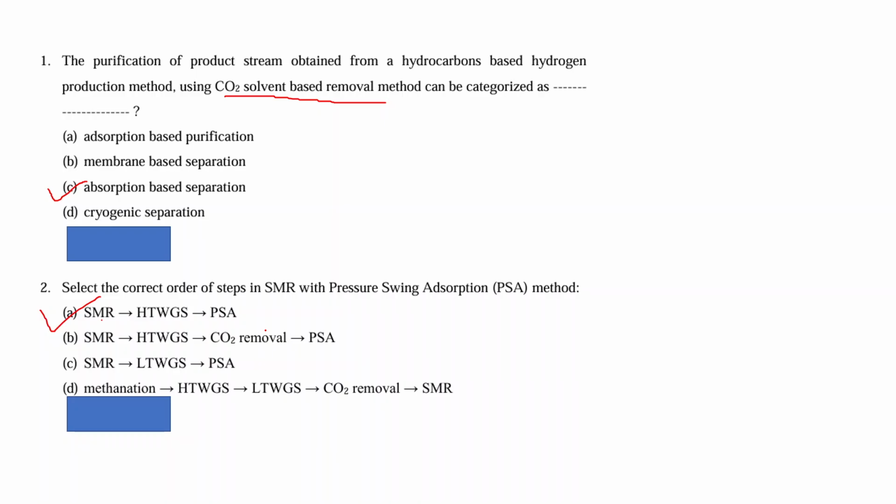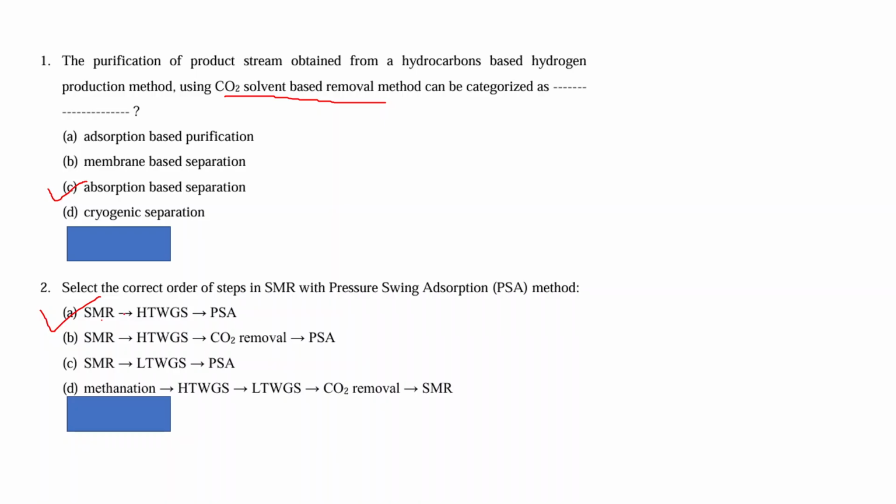No, in that case, I think when we take low temperature water gas shift reaction, we need to include carbon dioxide removal also before PSA, I think. Actually, why are we using a PSA? The main motto is separating carbon dioxide from hydrogen.